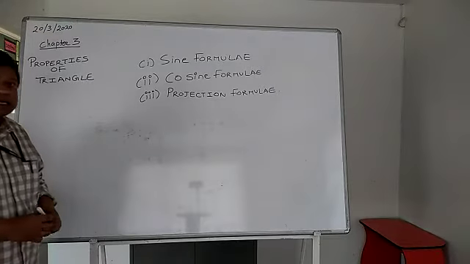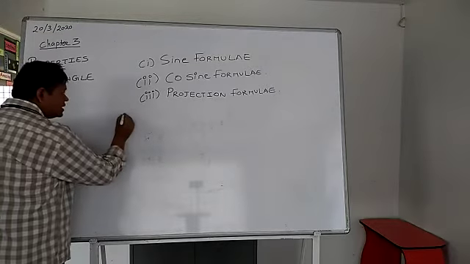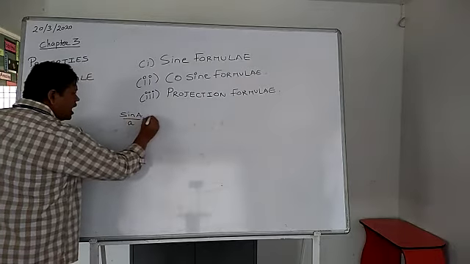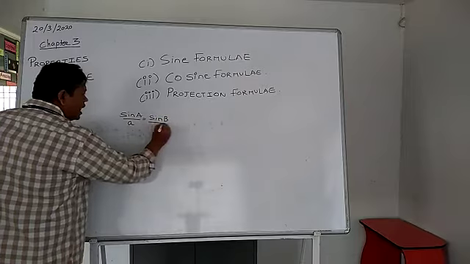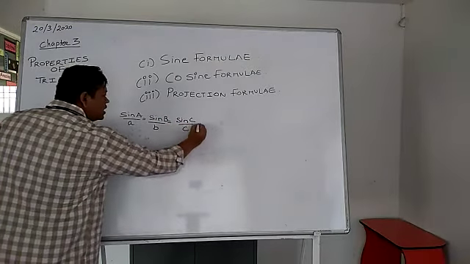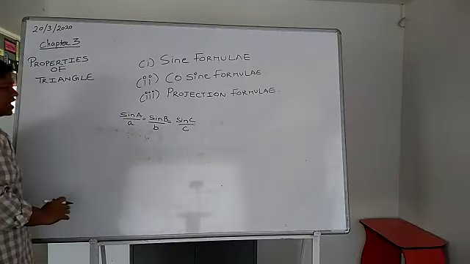The first is the sine formula, written as sin A by a = sin B by b = sin C by c. This is the sine formula.